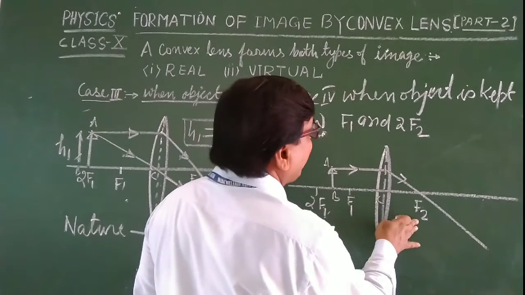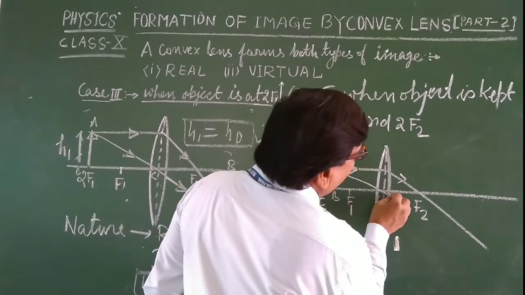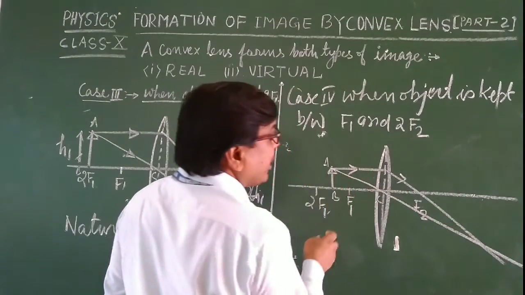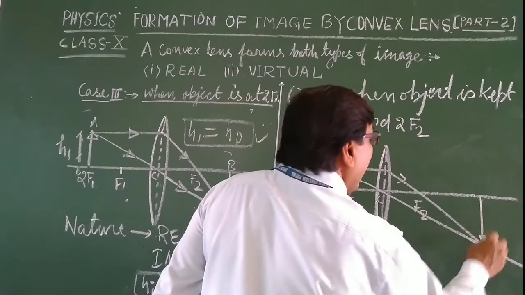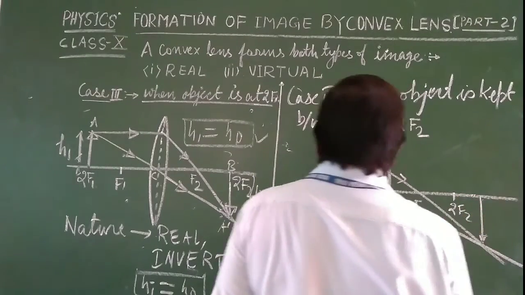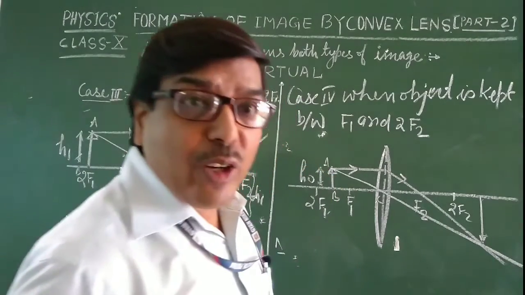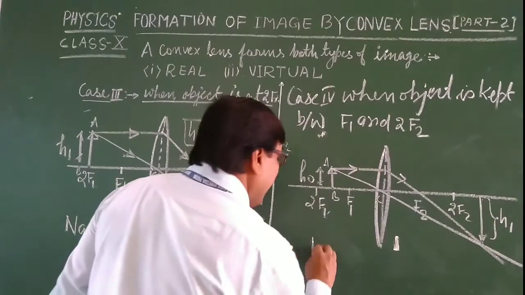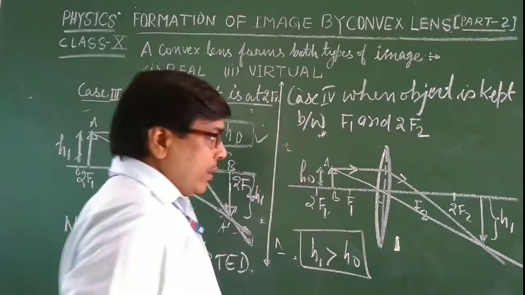After the second ray diagram, incident ray, after the refraction it intersects here and the image is formed, which is greater than the size of the object. So HI is greater than HO in the fourth case.